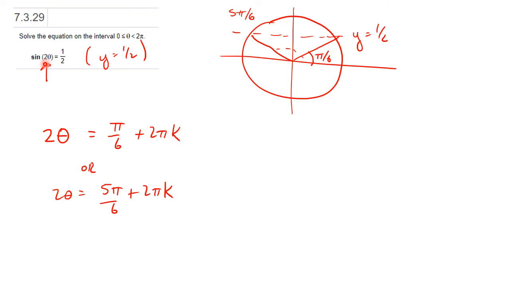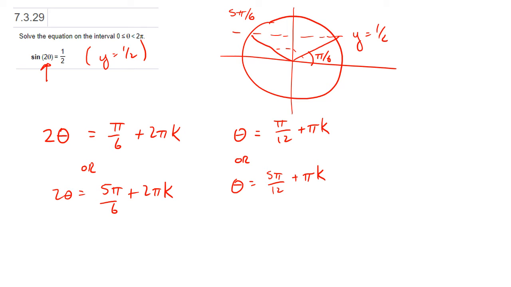The angle we're taking the sine of is 2 theta, so that is the angle that could be any of these possible solutions. And now we can try to solve this for theta. So if I divide both sides by 2, we get theta could be pi over 12 plus pi times an integer, or 5 pi over 12 plus pi times an integer. Notice the 2's have canceled out.